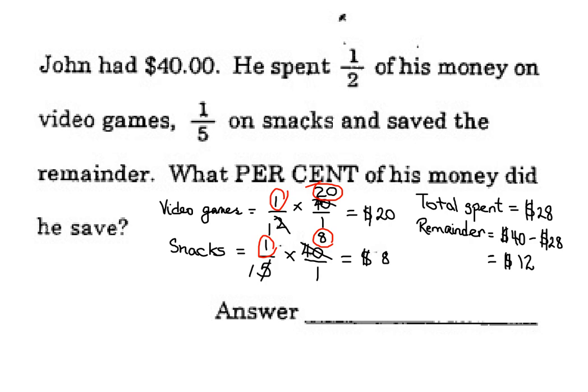$12. Now, to calculate the percentage, here's what we're going to do. We are going to express the remainder as a percentage of 40, right? So we're going to put 12 over 40, and we're going to multiply that by 100, alright?